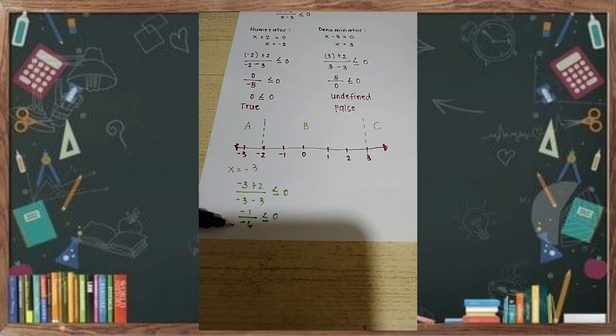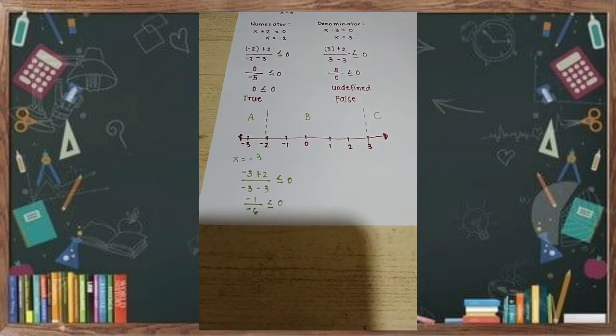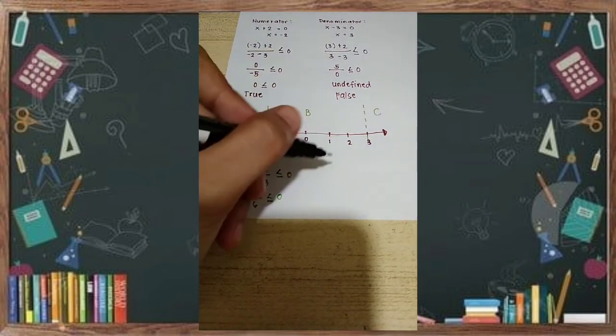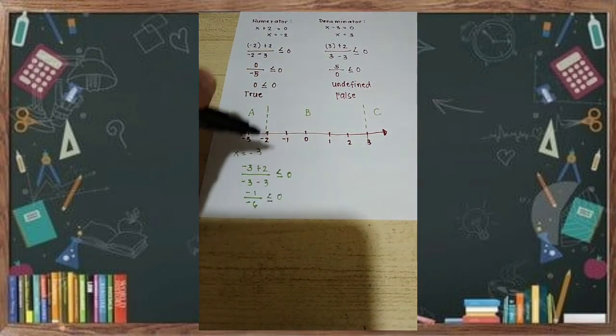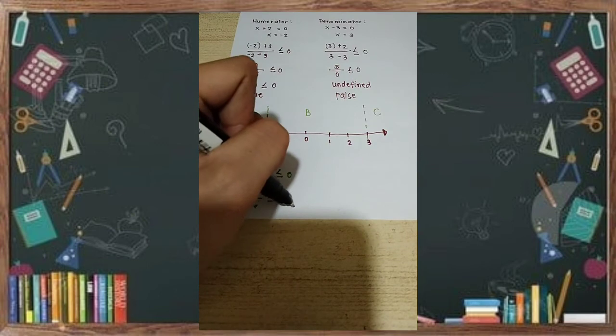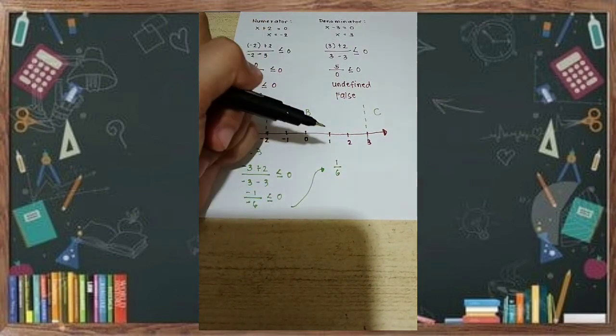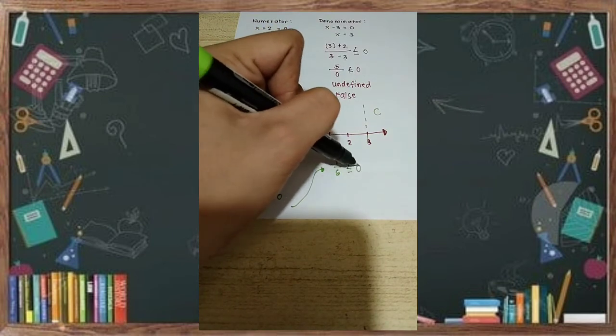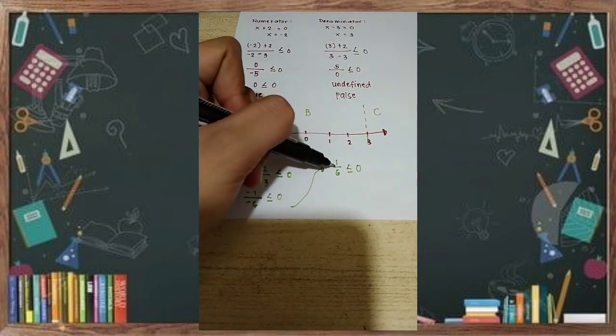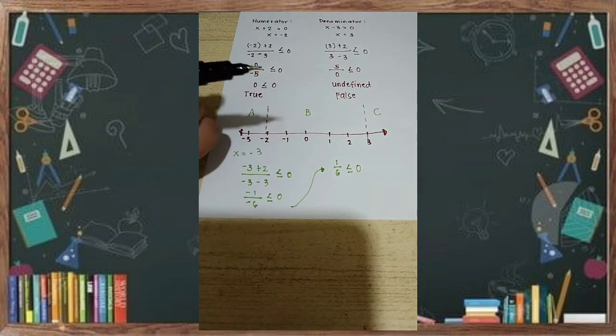So, negative 1 divided by negative 6 ay equal to positive 1 over 6. Okay, so dito na lang natin isulat. Yan. So, positive 1 over 6. So, tama ba na yung 1 over 6 is less than or equal to 0?